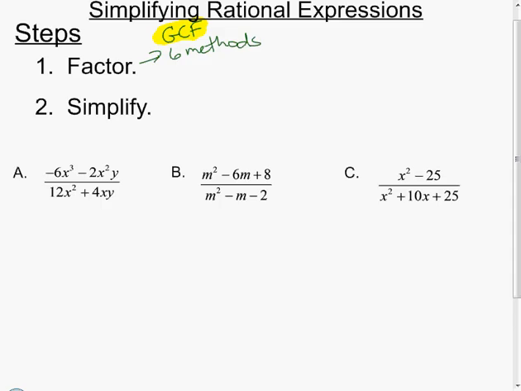So let's take a look at our sample problems here. In problem A, it says negative 6x cubed minus 2x squared y, all divided by the quantity 12x squared plus 4xy.